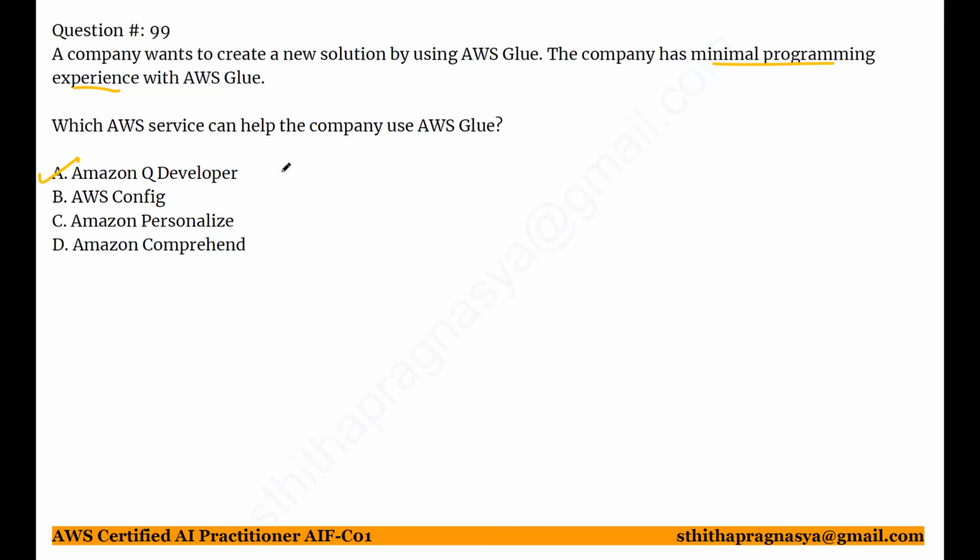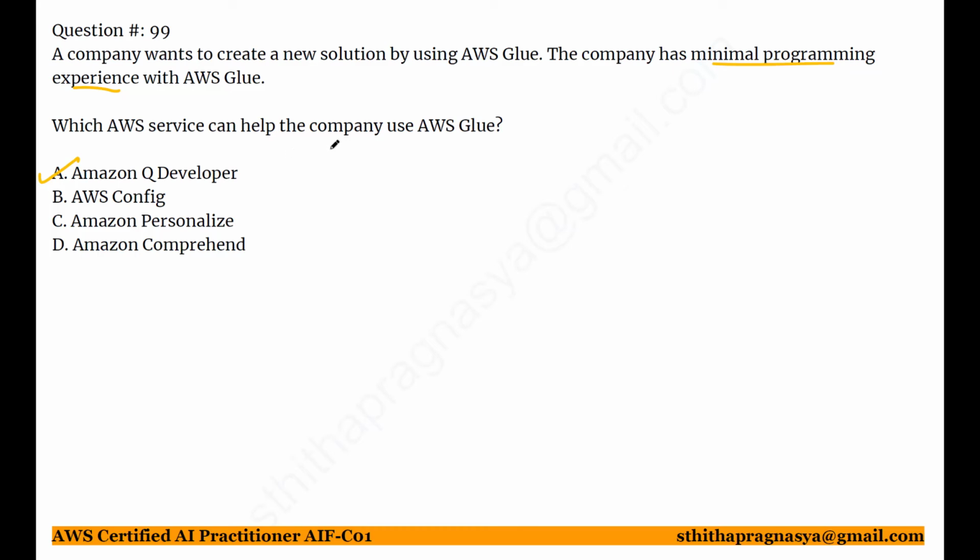So what is this? This is a generative AI powered assistant that helps users build, extend, and operate AWS applications, including providing software development assistance. It is specifically designed to help users with tasks related to AWS, such as understanding AWS services, creating code, and offering best practices.